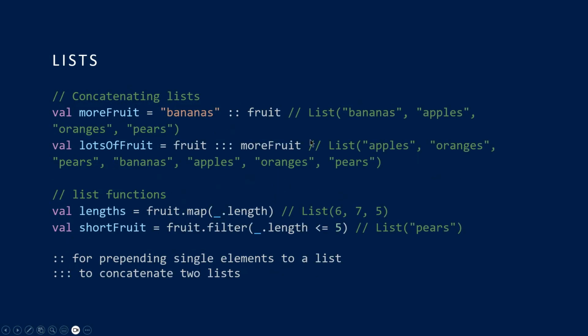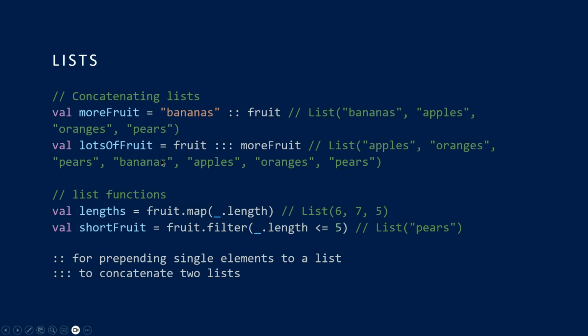I can concatenate lists. If I do this, it's more of a prepend, I suppose, where this symbol here prepends a single element to a list. And notice here I'm assigning a new variable a value of list.